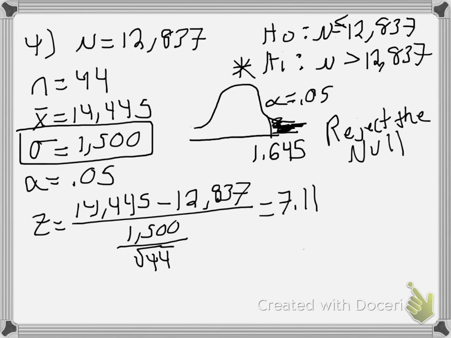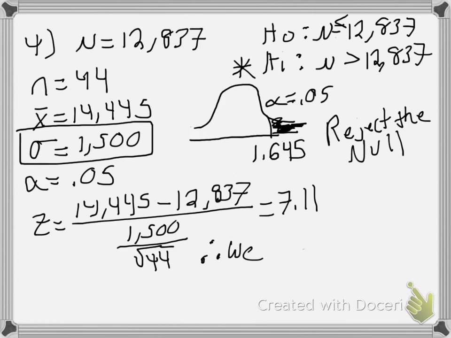Okay, now we need a conclusion. Therefore, that's what these 3 dots mean, therefore, if you reject the null, then you have enough evidence. If you fail to reject the null, then you don't have enough evidence.